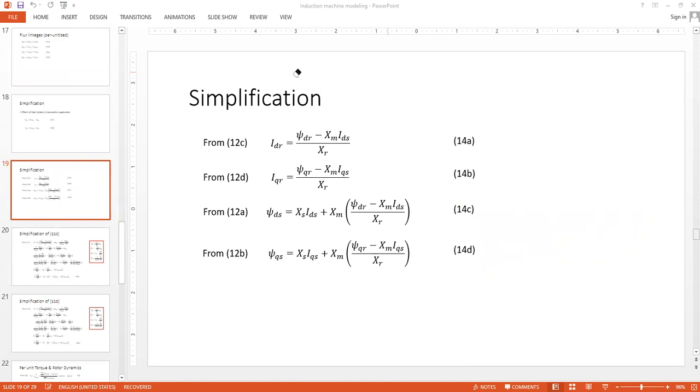Interestingly, psi ds is some function of IDS, with some more IDS appearing, and some function of psi dr. Psi qs is some function of IQS only. However, there is some presence of psi qr also, but no IDR and IQR.